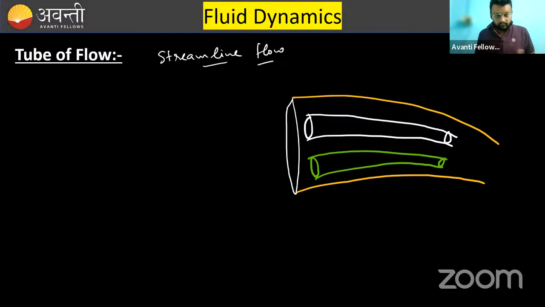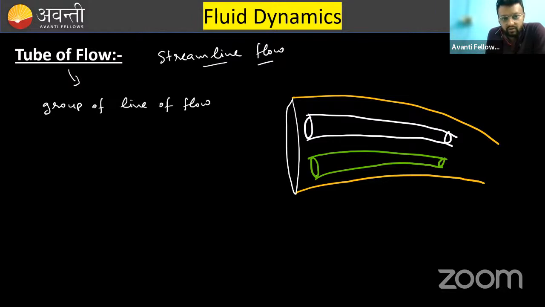Now, what is a tube of flow? A simple definition: a group of lines of flow. If you collect a lot of lines of flow, then this group is known as a tube of flow.